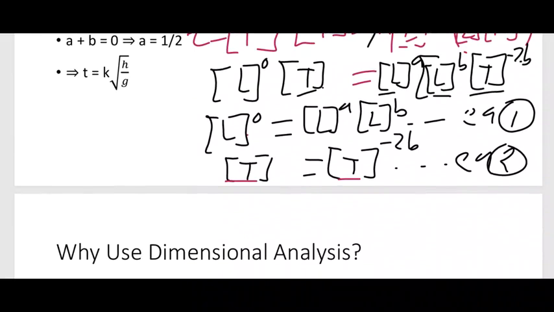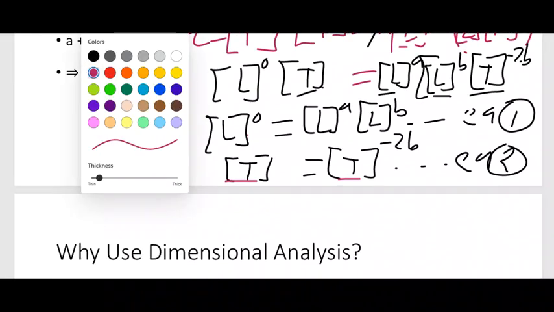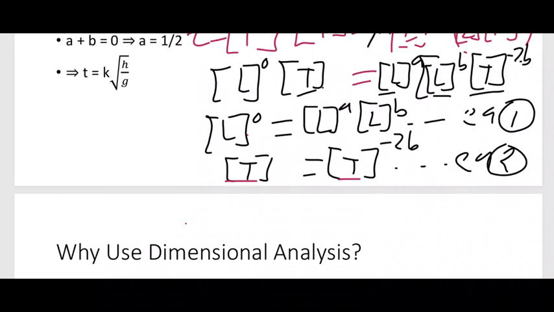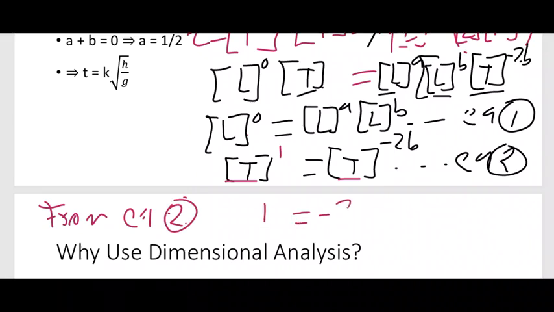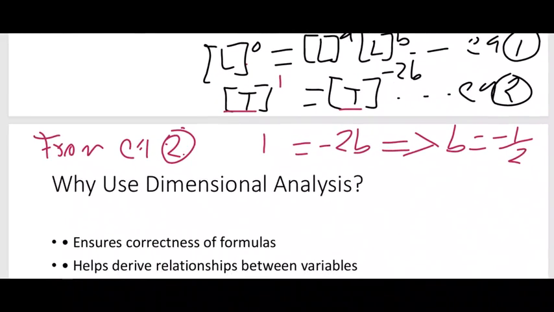So from equation 2, we can equate the powers: because T is to the power 1, 1 is equal to -2b. So we can conclude that b is equal to -1/2. So we've gotten one value there.